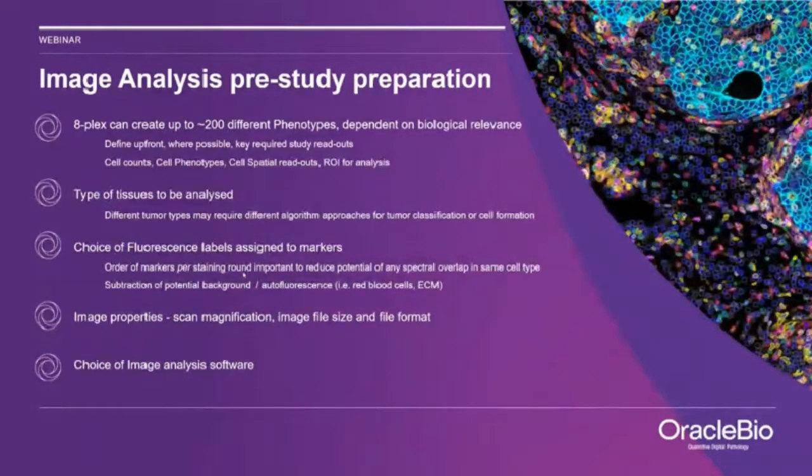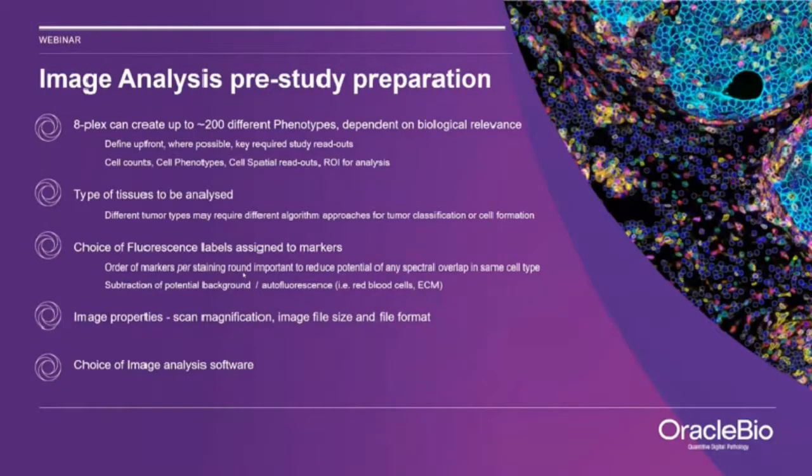And one thing we can do here is, because it's 2 rounds of staining, we can try and keep the FITC channel markers from different cell types, so that if there are areas of autofluorescence at the image analysis level, we can subtract one of the channels from the other to reduce the amount of autofluorescence present in the respective channel without actually impacting on the specific cellular staining. And this can really help in reducing or eliminating some of the autofluorescence background staining that we can see in the FITC channel.